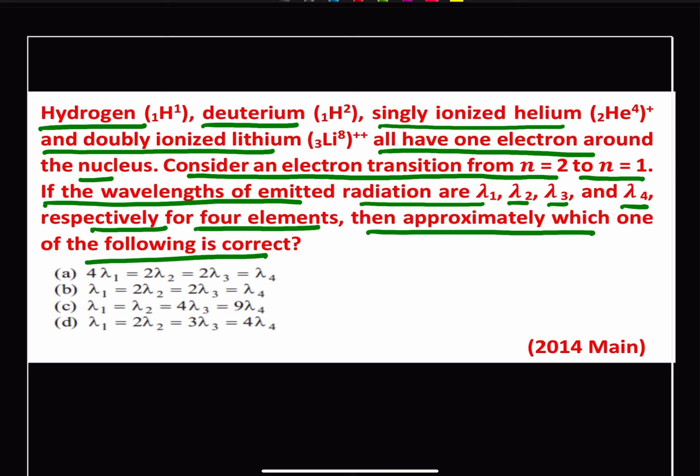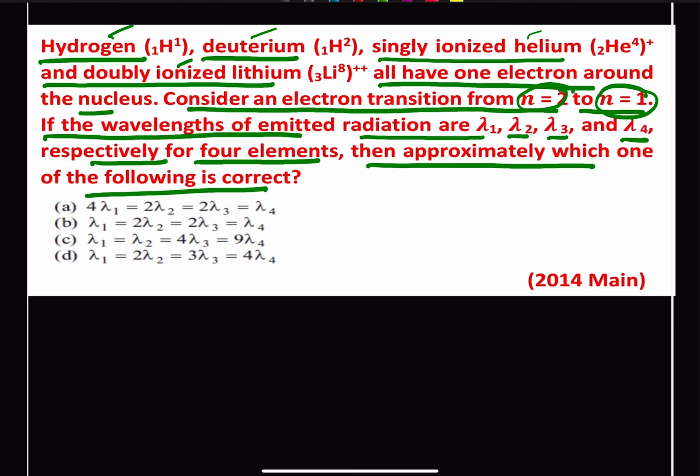So we have to find out the relationship between the wavelengths when the transition is from n is equal to 2 to n is equal to 1, in hydrogen, deuterium, single ionized helium as well as double ionized lithium. Okay. So in all these elements which are given to us, one thing is common, that all of them are having one electron, so we can treat them as a hydrogen-like atom.